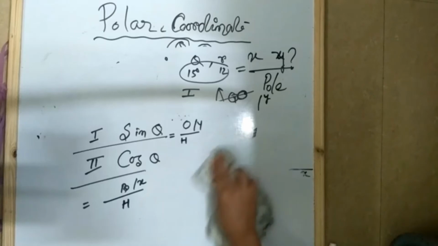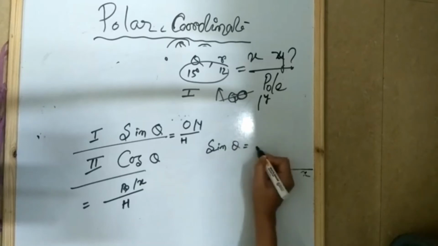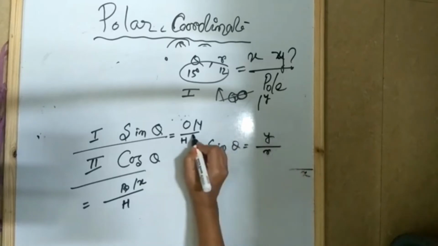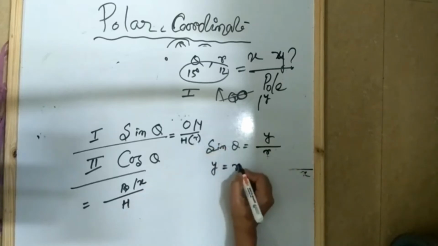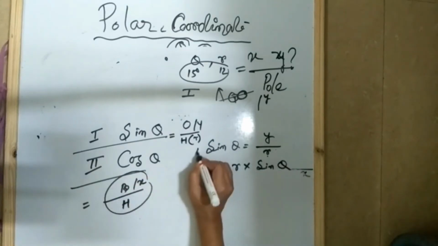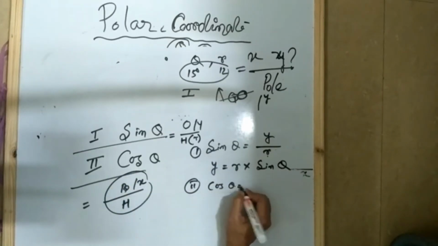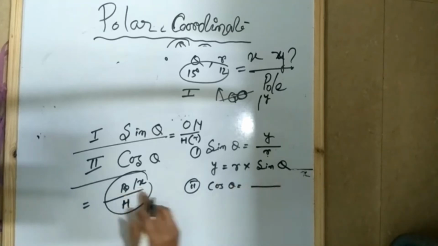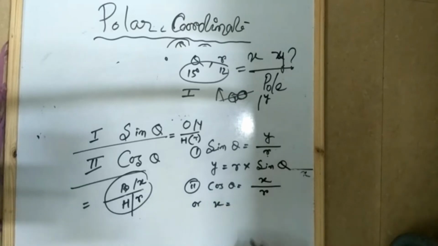So sine theta is equal to y by r, since instead of hypotenuse we use r. So y is equal to r into sine theta. And for cos theta, instead of base we write x and instead of hypotenuse we write r, so x is equal to r into cos theta.